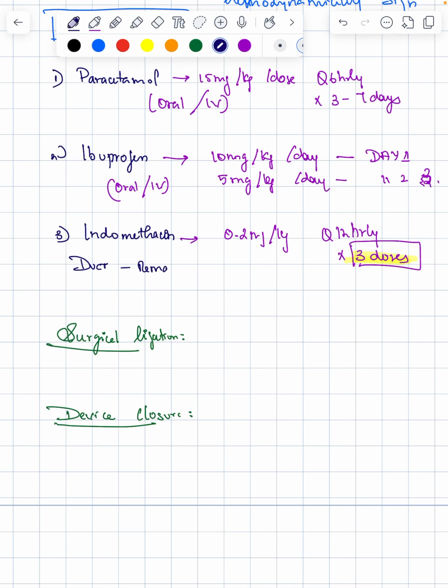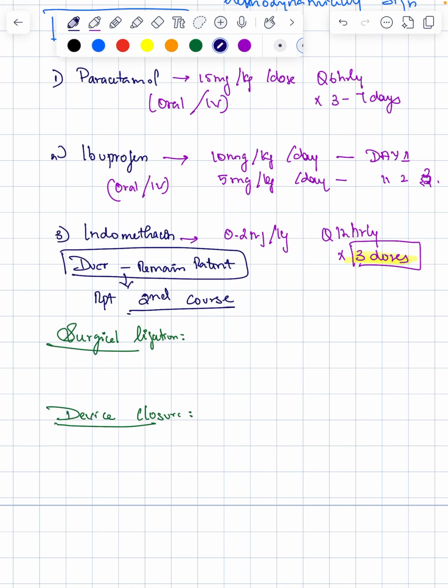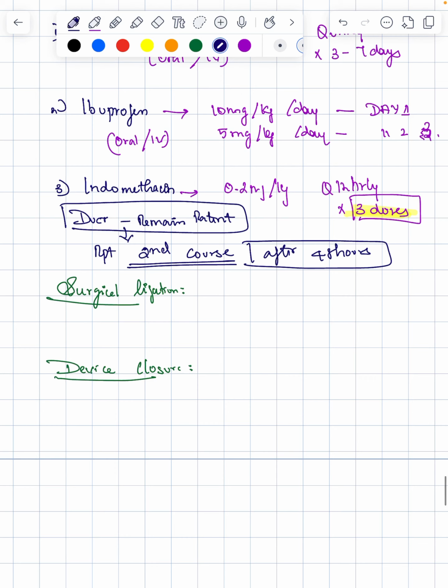Even after repeating these 2 courses, if the duct remains open or if the infant remains symptomatic, then you will go for surgical ligation.